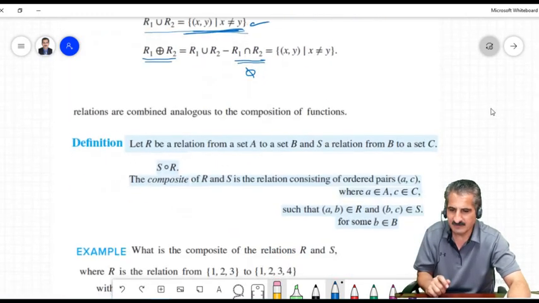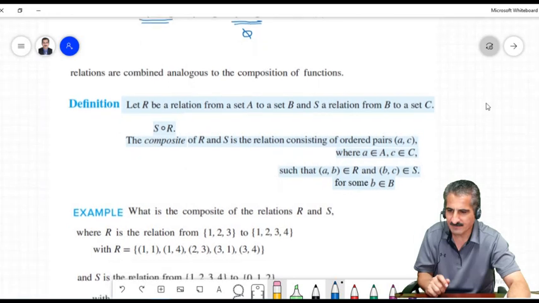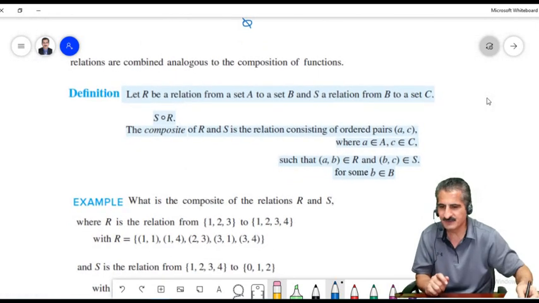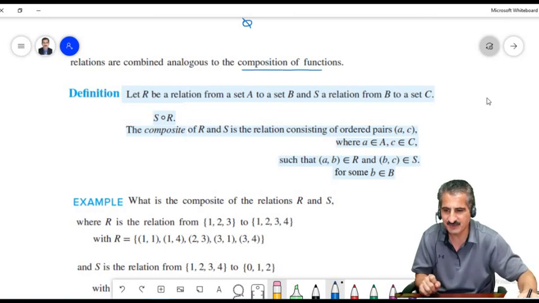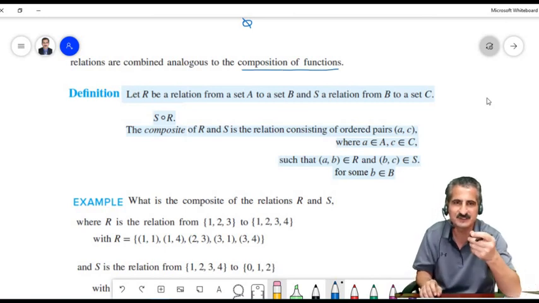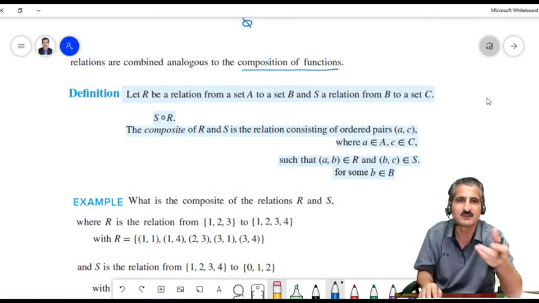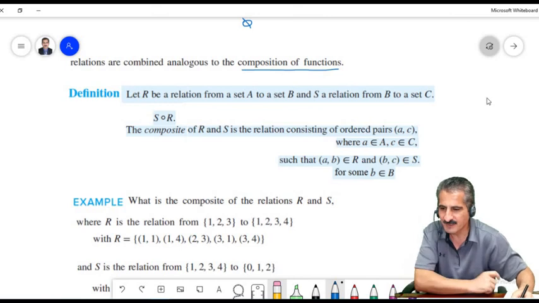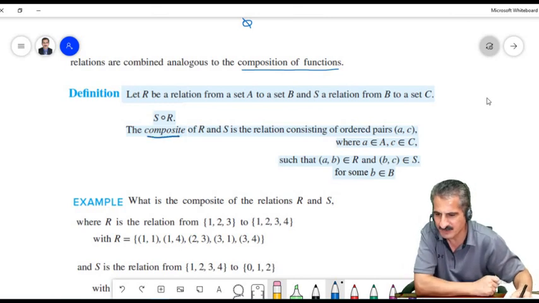Now we can also combine relations using composition. So the first method of combining relations is using the set operations: union, intersection, subtraction. And now we can combine composite relations, S compose R. How do we do this?